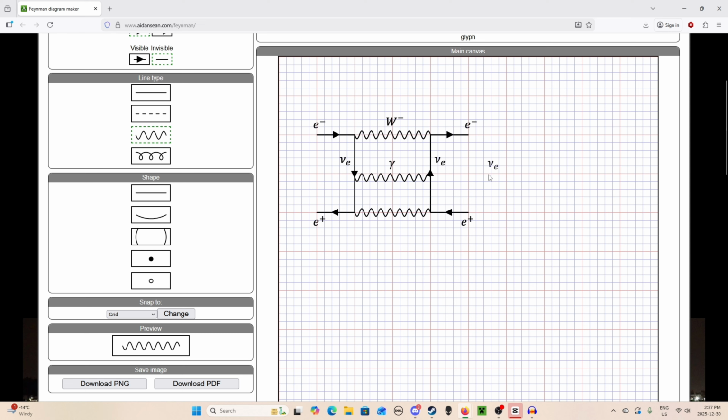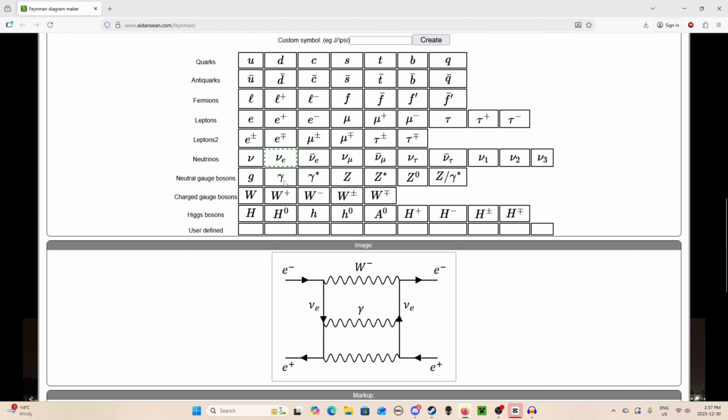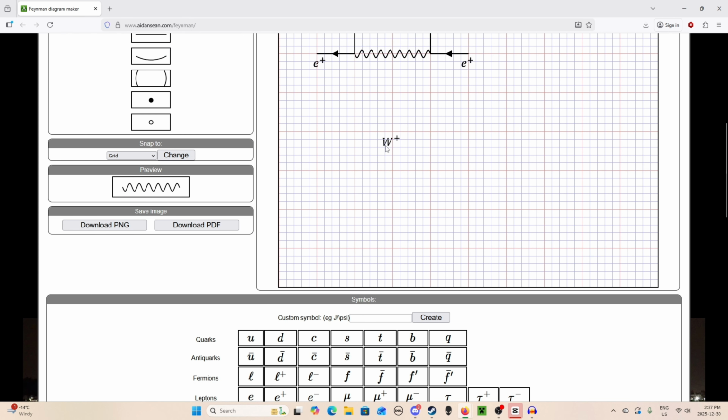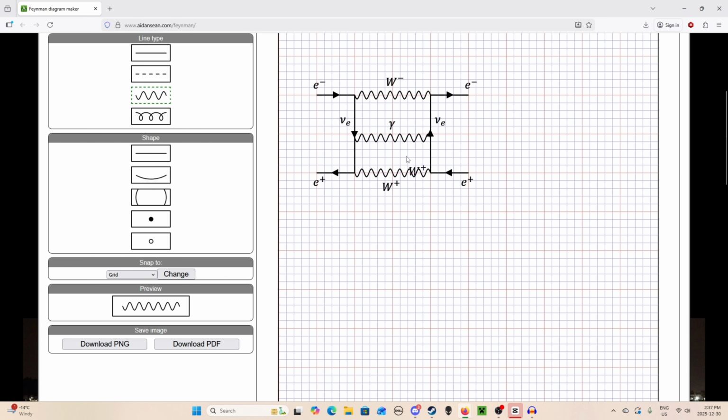And then, oh, did I mess up? Did I mess up? Our lepton number is conserved. Yeah, lepton number is still conserved on this side, from each side. So these turn into those, and then these will interact with a W plus.